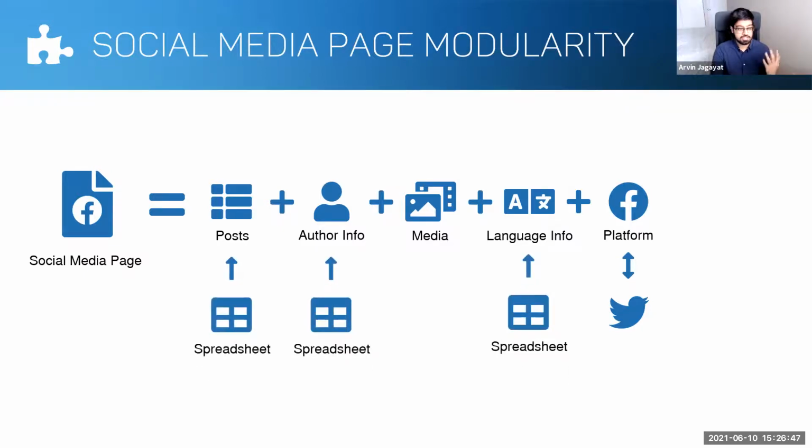These things, the posts, the author information associated with the posts, and the language information, are simply a spreadsheet that gets uploaded in the back end. It takes a second to save, and it's done. One of the most interesting things for me is that we've left open the possibility of adding platforms at a later date, or updating the current platforms, again using very similar upload data structures so that we can keep up with changes made to existing social media platforms.